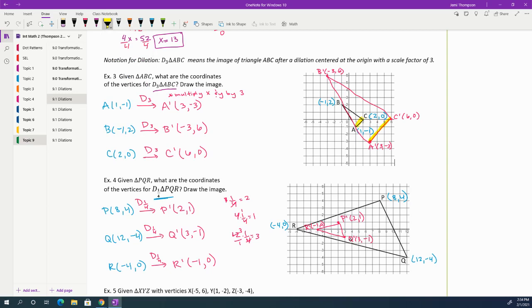For example, this PQ right here, this one that I'm trying to highlight, from P to Q is down 2 over 1. And if I do that here, I go down 2 over 1, down 2 over 1, down 2 over 1, down 2 over 1. So I can tell that it's 4 times the length. Kind of makes sense, hopefully.